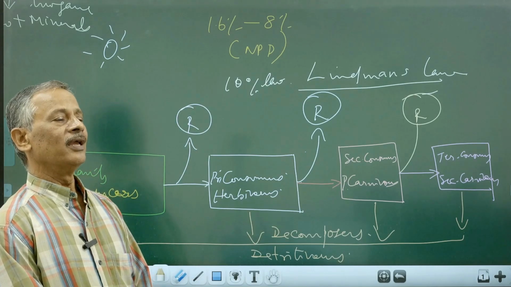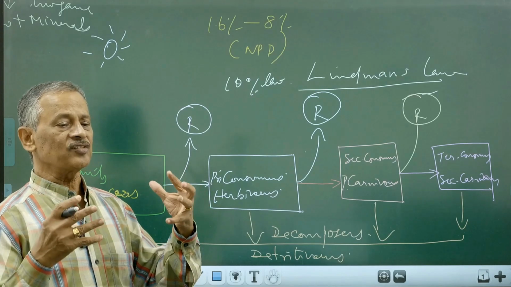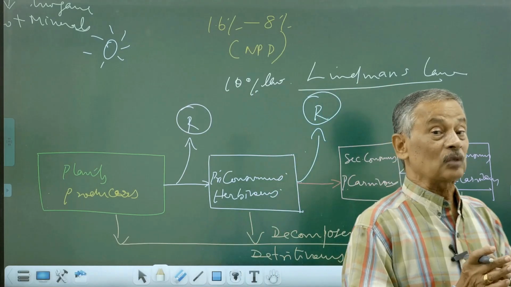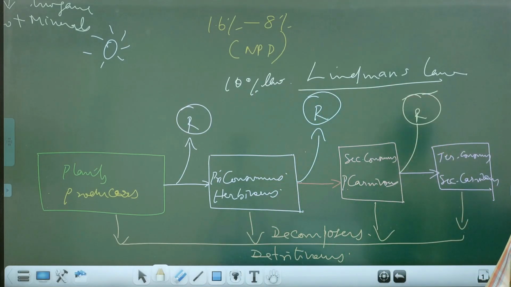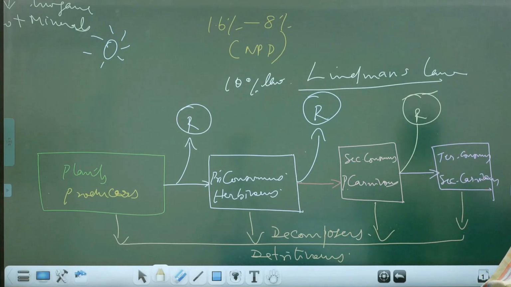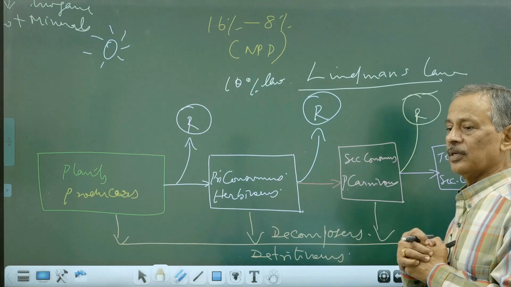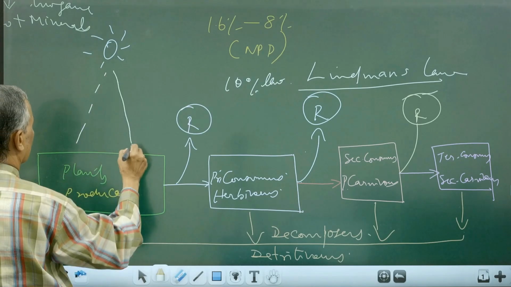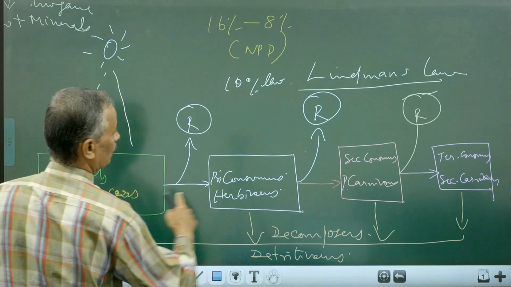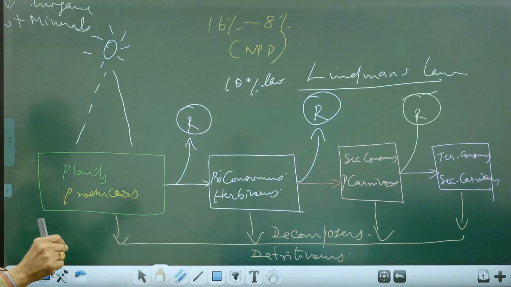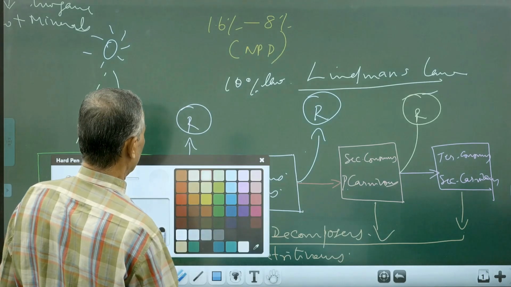In an ecosystem, several organisms are thus remaining connected by the process of eating and being eaten. That chain of organisms which are all connected together by the process of eating and being eaten is called a food chain. And the position of an organism in that food chain is called its trophic level.